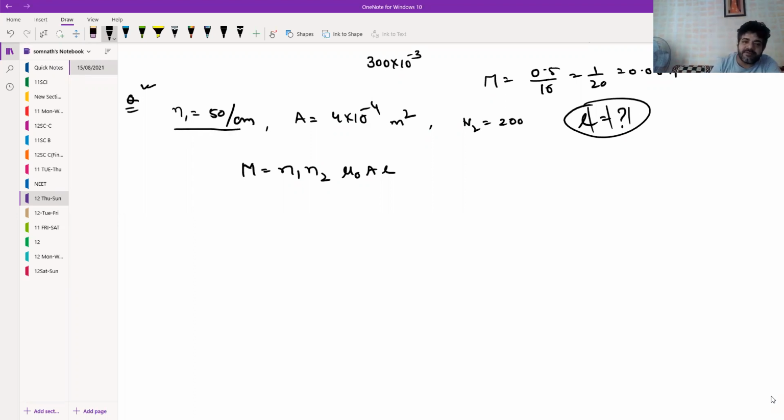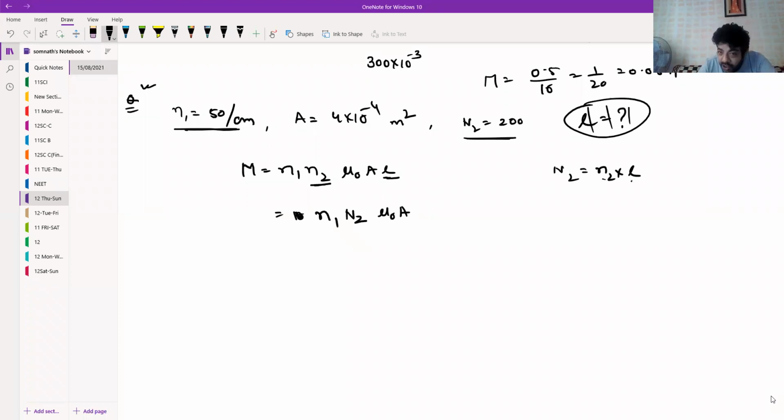Because once they give you N1 and another one N2, they are not giving you N2 small, means N2 into L. So indirectly, N2 into L, they are giving you the N. That means you can write actually N1 N2 mu naught A. Can we write this?